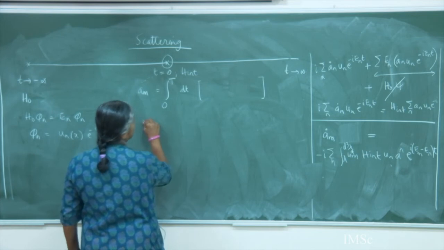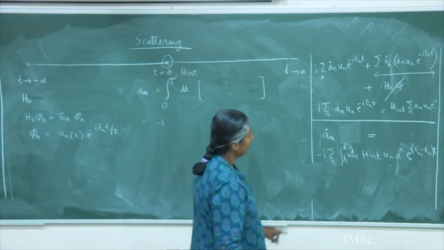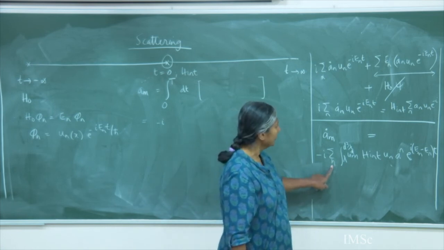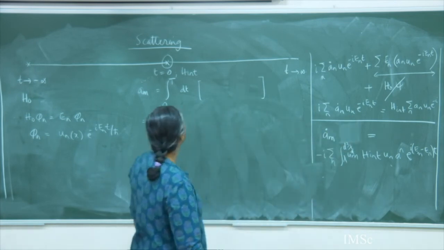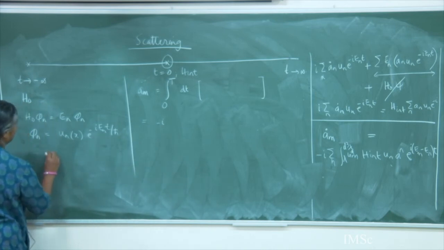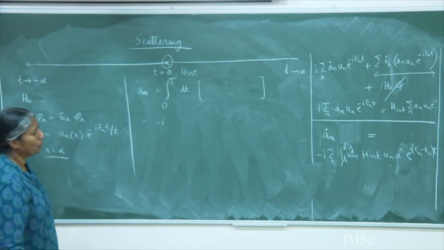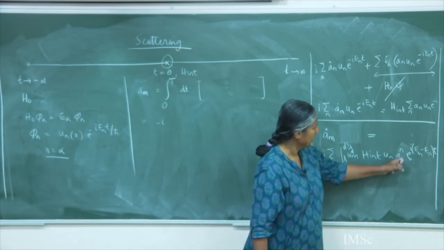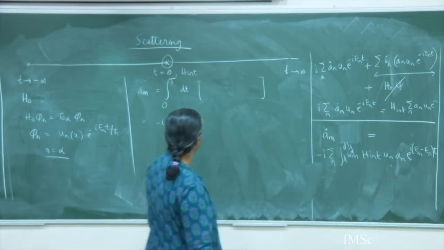and now I can write this as minus i. Now what was the sum over n? n was the initial state that the system started in, right? Now I am saying that the state started out with n equal to alpha alone. So the whole summation on the right hand side, n is replaced by alpha alone.